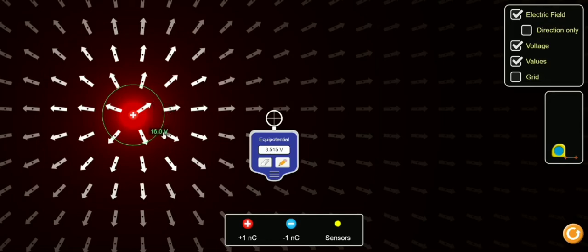Because V is equal to KQ by R. The distance from the charge to the observation point is the same everywhere on the circle, because the radius is the same. So wherever you go, the potential will be 16 volt only. That's why it is called an equipotential surface.